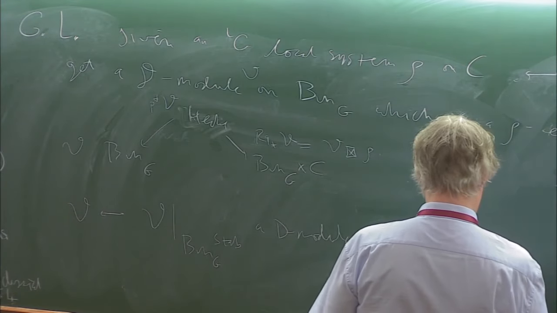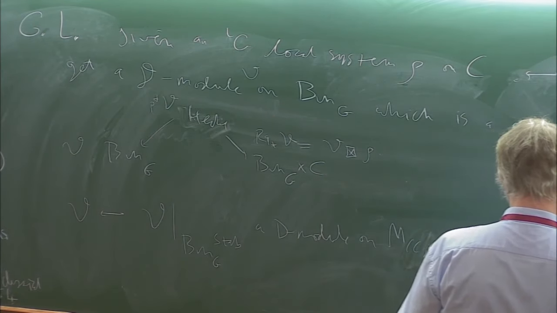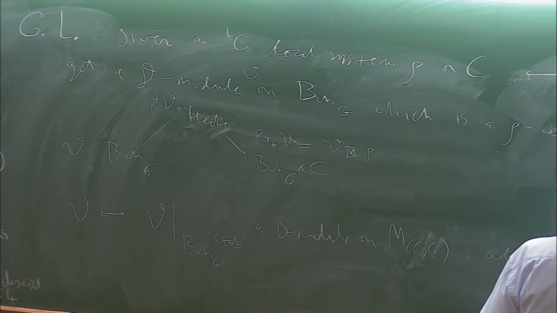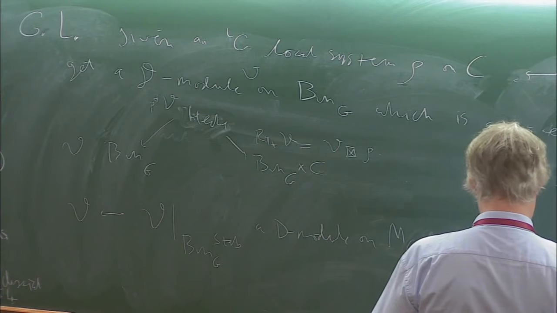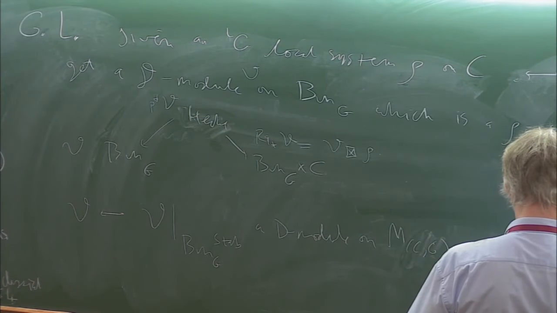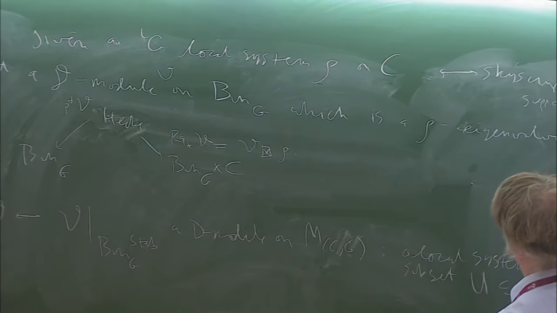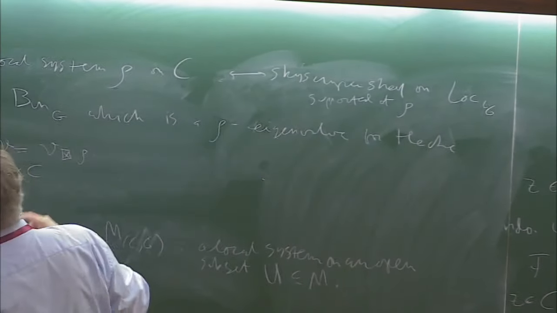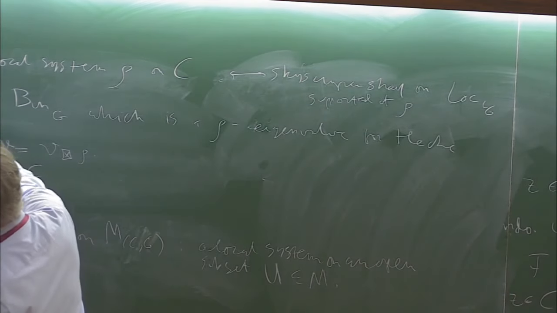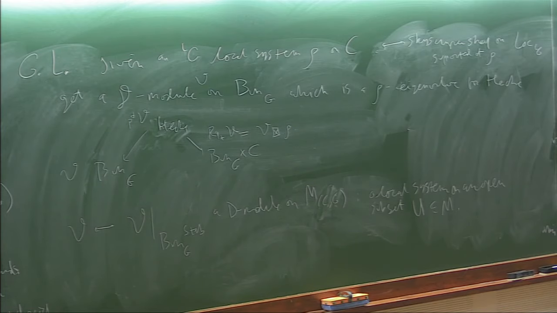It might be trivial, maybe, but let's hope not. So this is the basic setup: if we have a local system, we think of it as a skyscraper sheaf, plug that into whatever kind of geometric Langlands process they're supposed to be. That's supposed to give us back out on the other side a local system.